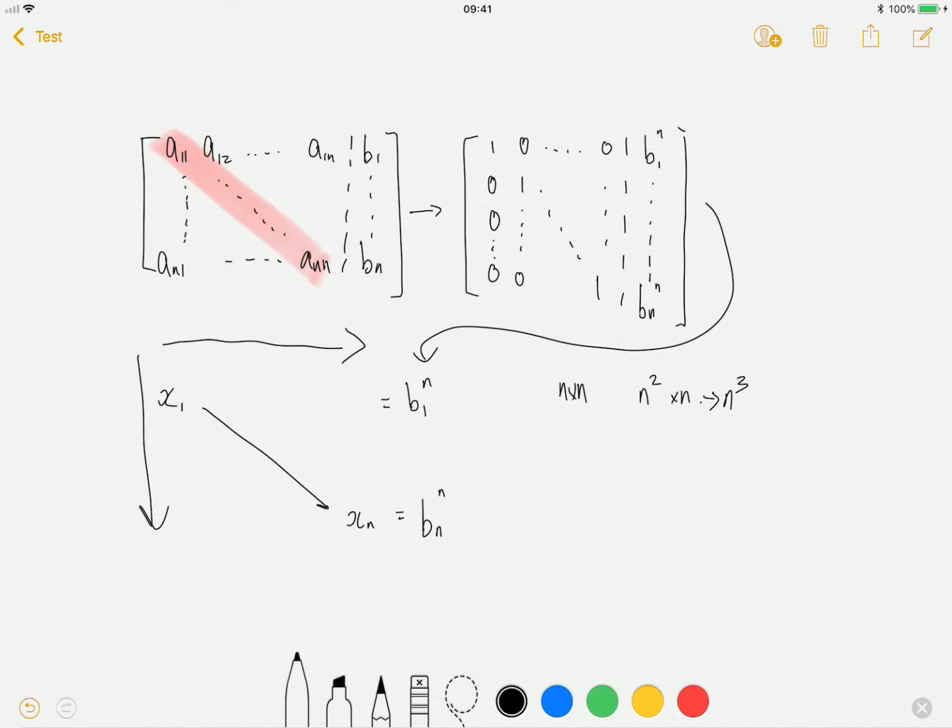So we can write this as complexity order n cubed. So this is very important because with each increase in n, there's going to be 3 orders of magnitude increase with 1 increase in dimension.